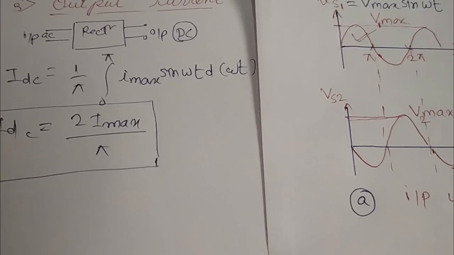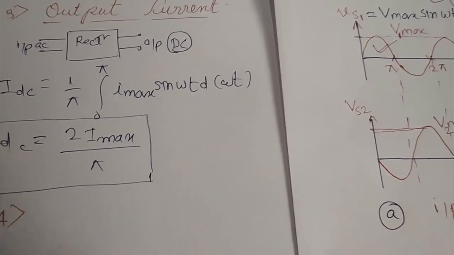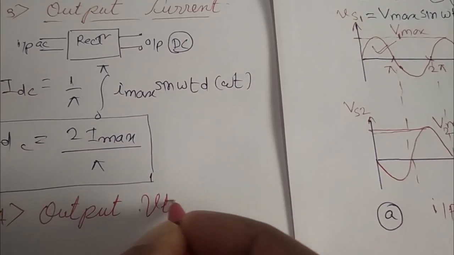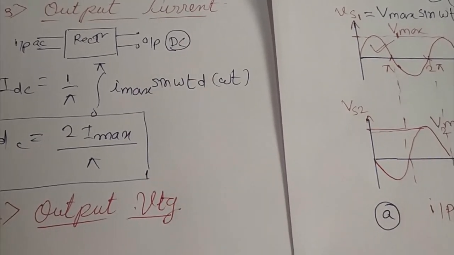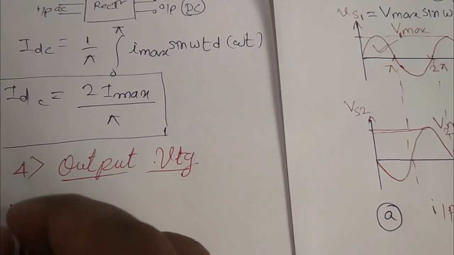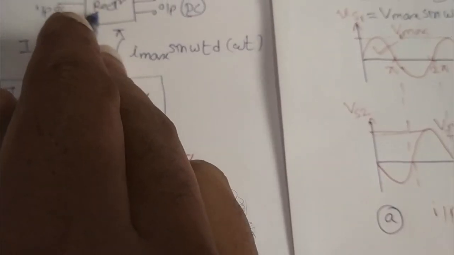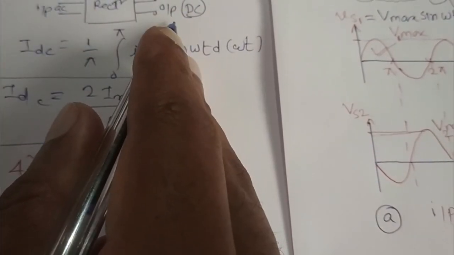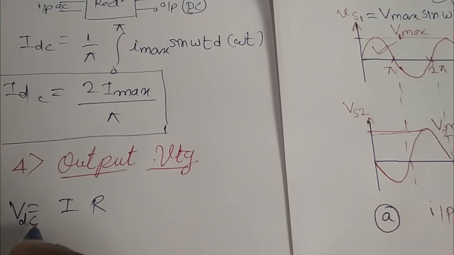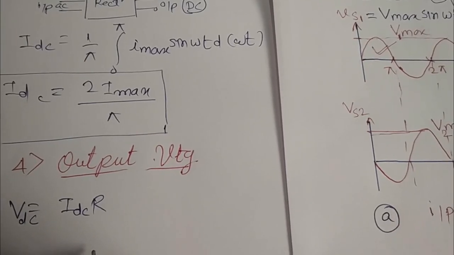Similarly, we can calculate output voltage. The next parameter is output voltage. Again we will use Ohm's law. What is Ohm's law for voltage? V is equal to I into R. Output current is DC current, so output voltage will also be DC voltage, VDC.